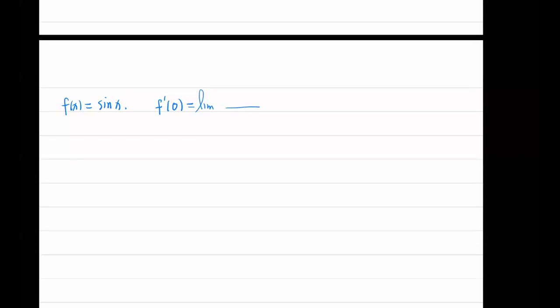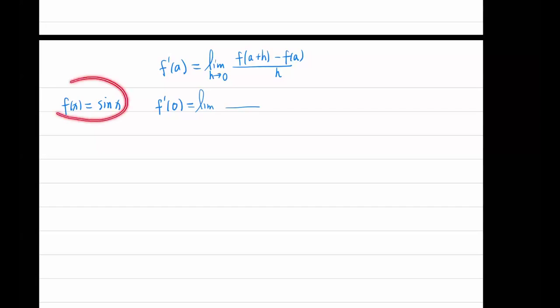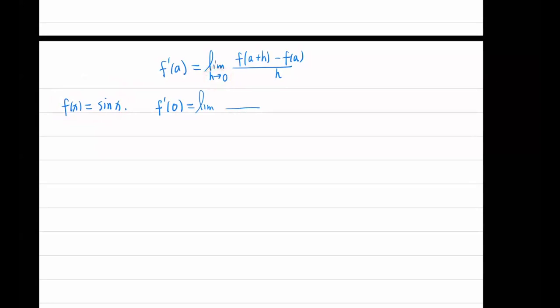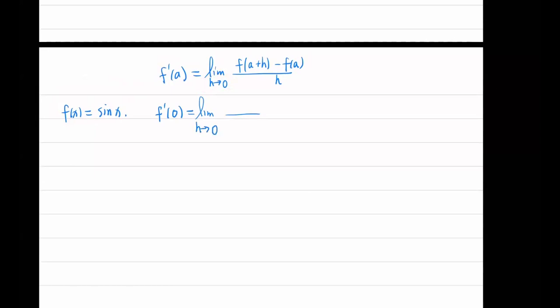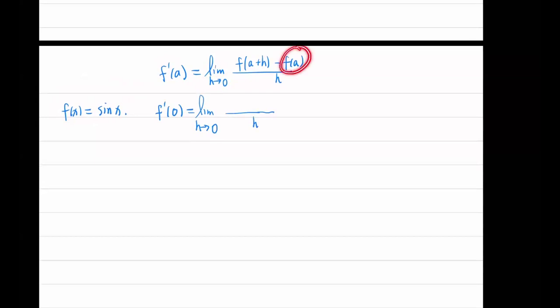There are two definitions for the derivative of a general function. It will be the limit of f(a plus h) minus f(a) over h. Let's try this definition, applying it to this function at 0, with h going to 0. f(a) is sine 0, which is 0, and f(a plus h) is sine of 0 plus h.